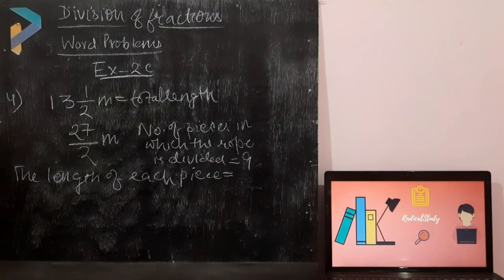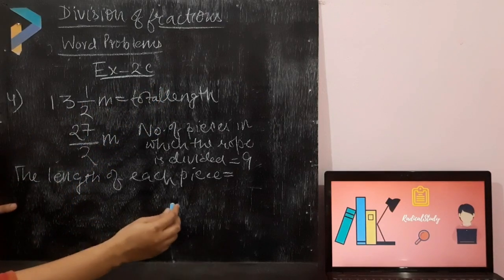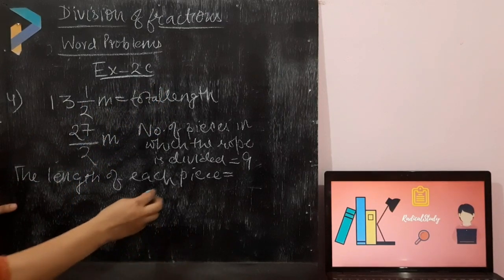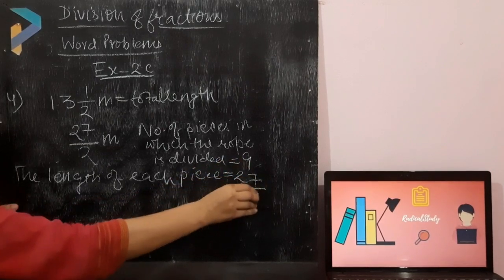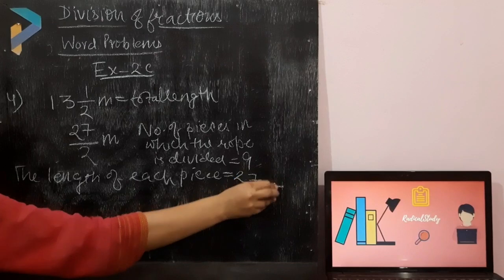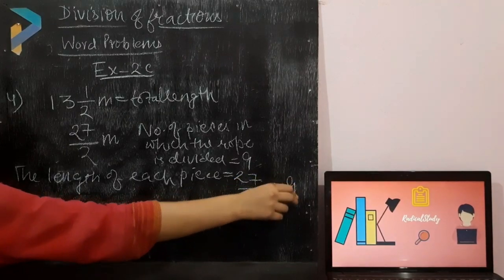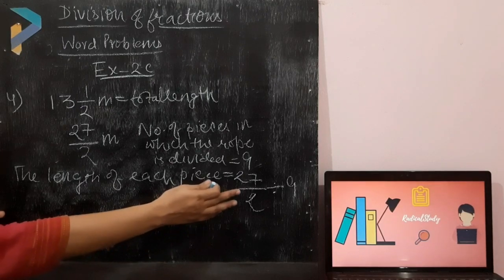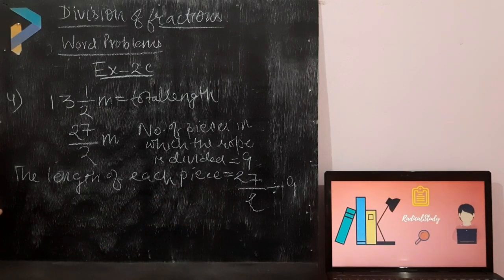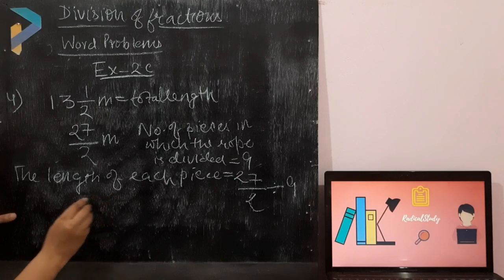We used to divide. So I am going to divide 27 upon 2 meter, that is the total length of the rope, by 9. As I told you, when we are dividing fractions, the first fraction remains unchanged and for the second fraction, we take the reciprocal and then multiply to find the answer.